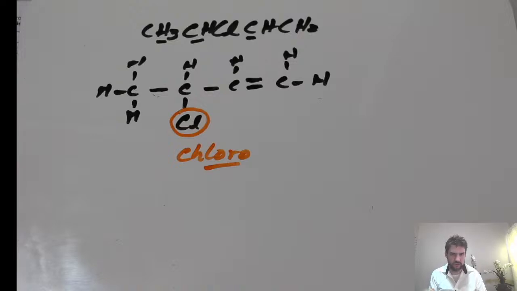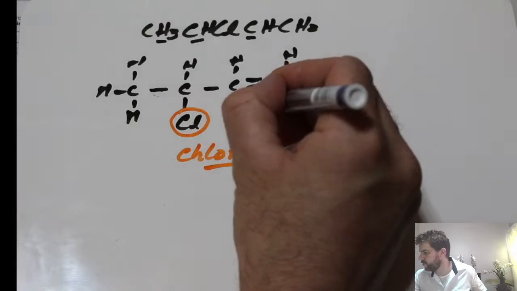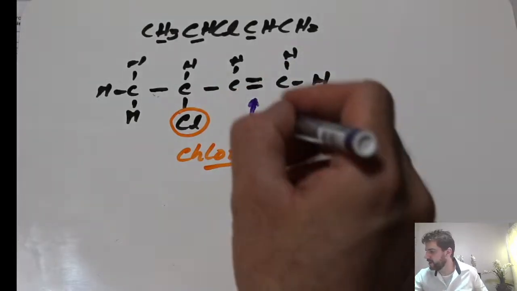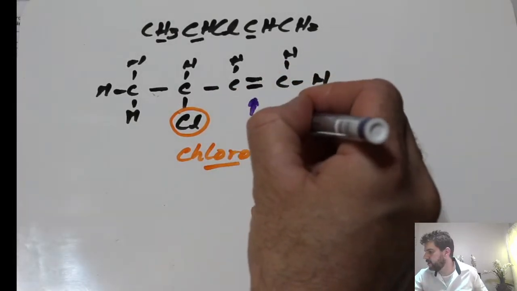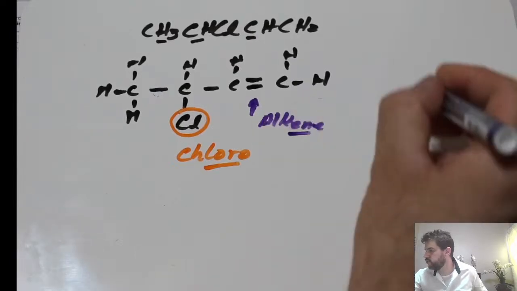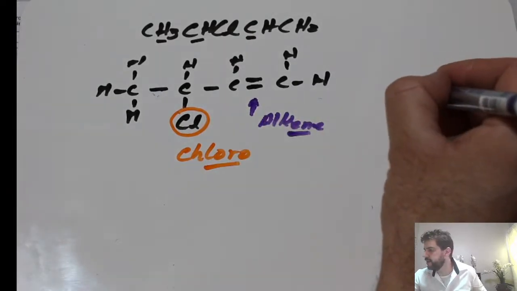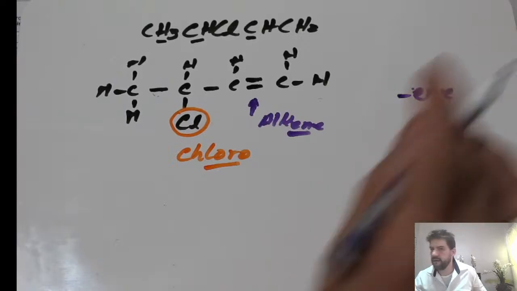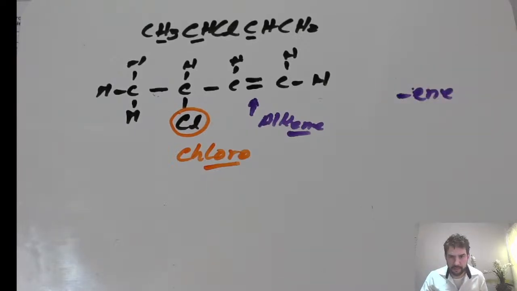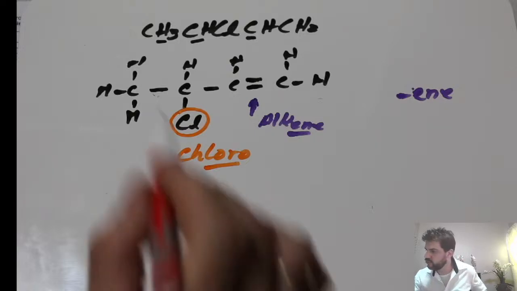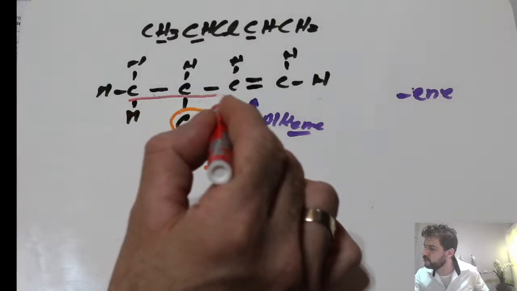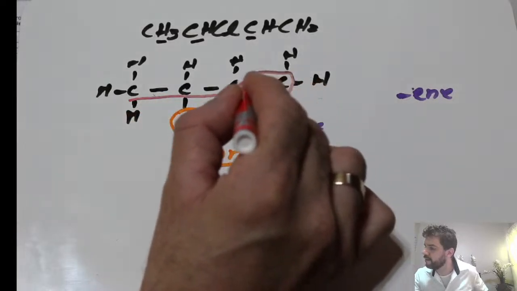Like we always say, we're going to do it like data. What is this? You have the double bond. Double bond is an alkene, so it's going to end in -ene. All right? There we go. Then we're going to look for the longest continuous carbon chain. This one is a straight chain, so there is only one possibility, which is this one here.